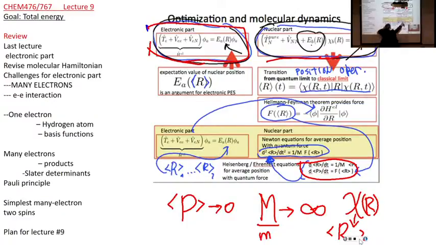This energy includes, I do not see this equation here, but it includes nuclear repulsion and eigenenergy from electronic degrees of freedom, right? We went through it before. So even if we are looking only to optimize geometries, we still need to solve for electronic states.